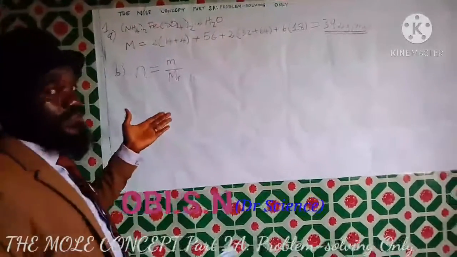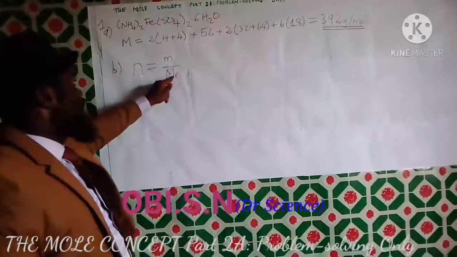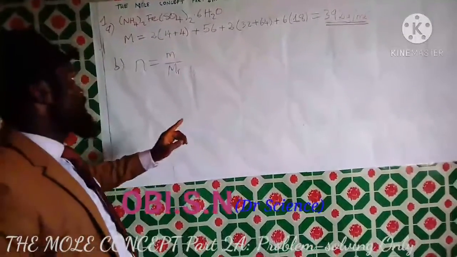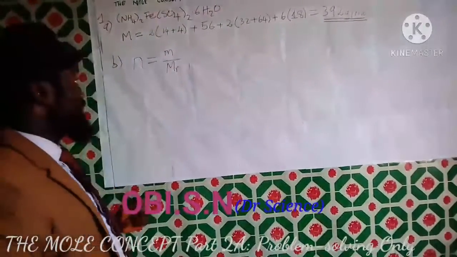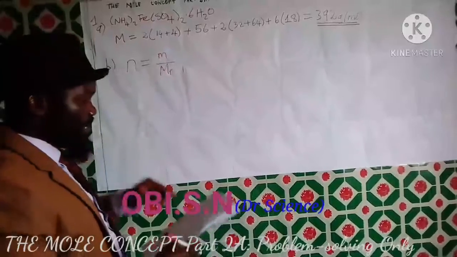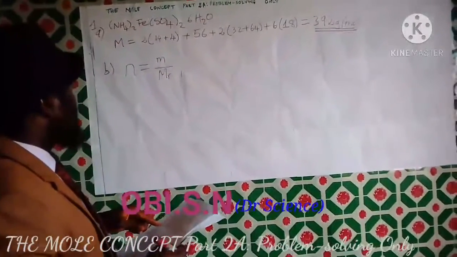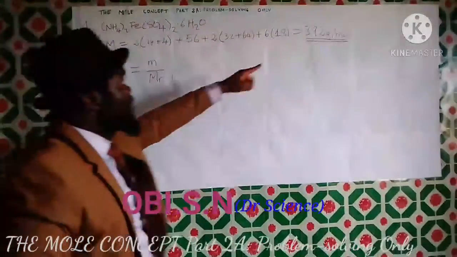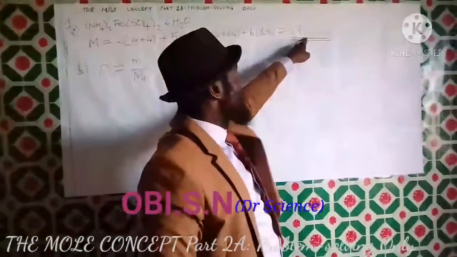I told you in the first video that I will be using MR to stand for the molar mass and the relative molecular mass. I've just started using it. So the given mass here is 20 grams and the molar mass is 392.